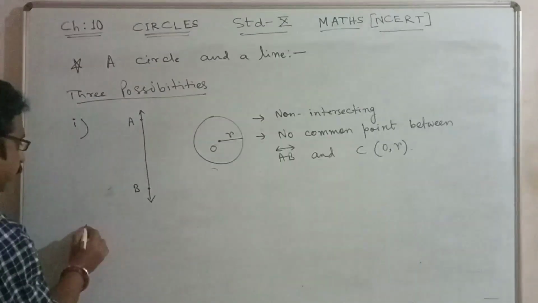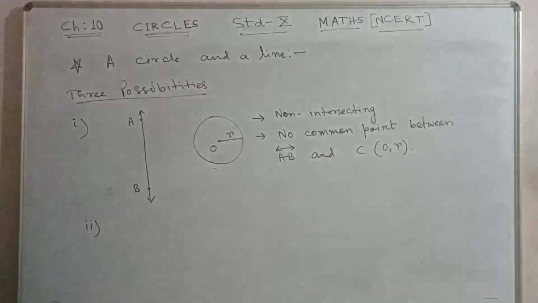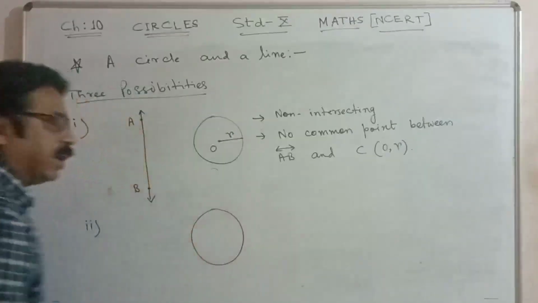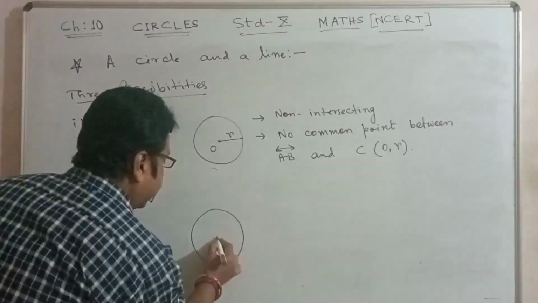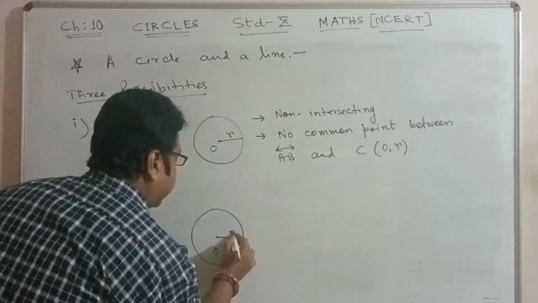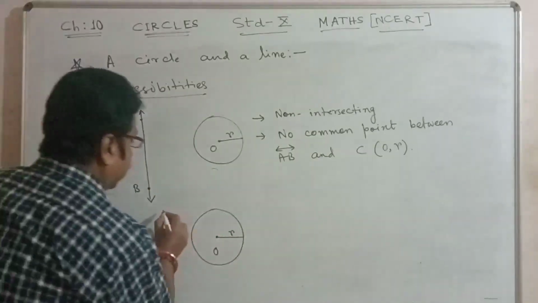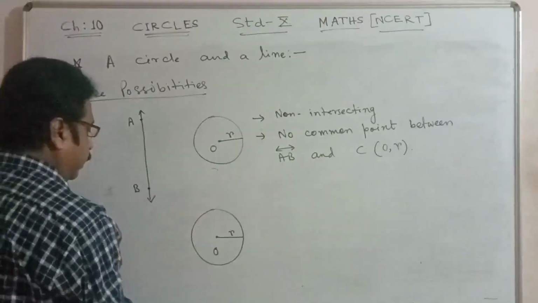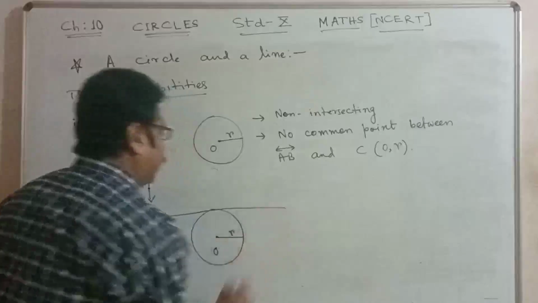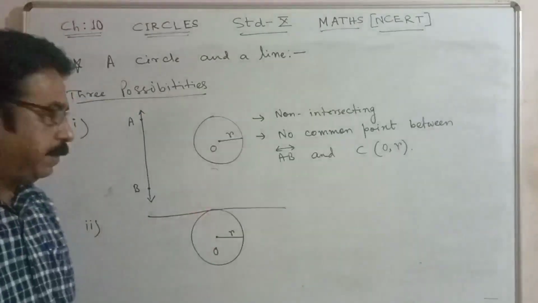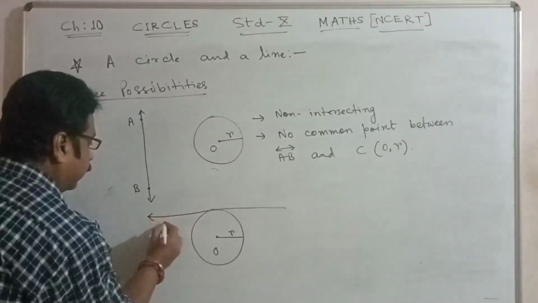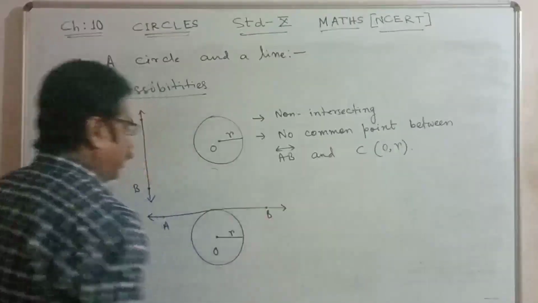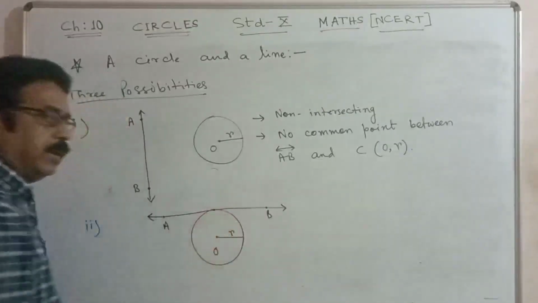Second possibility. Suppose this is the circle, center is O, radius is R. If the line just touches the circle, it is one single point.